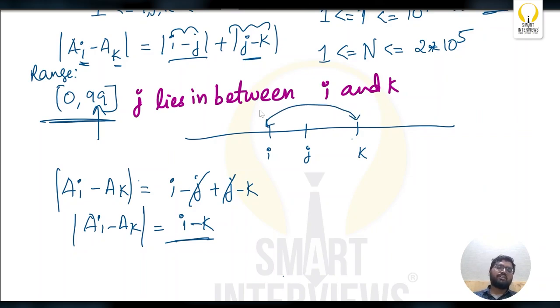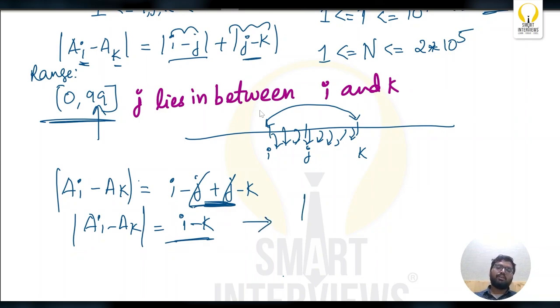So where can your j be? j can be i, j can be i plus 1, j can be i plus 2, whatever, irrespective of whatever j is inside, even it can be k. We don't bother about this, j is not involved anywhere here. So what can be your answer here?